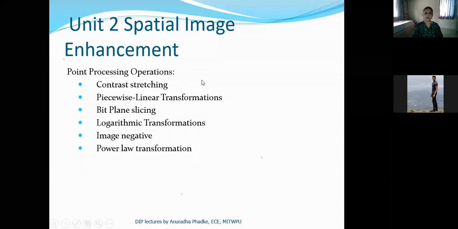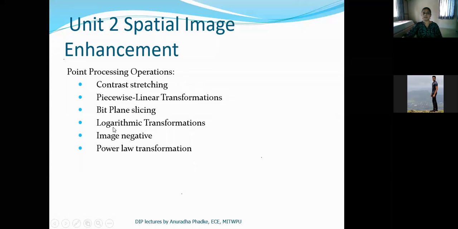Okay, now we are going to have a look at a few point processing operations. We can use various point processing operations to enhance a given image by some means. There are various point processing operations like contrast stretching, piecewise linear transformations, bit plane slicing, logarithmic transformations, image negative, and power law transformations.